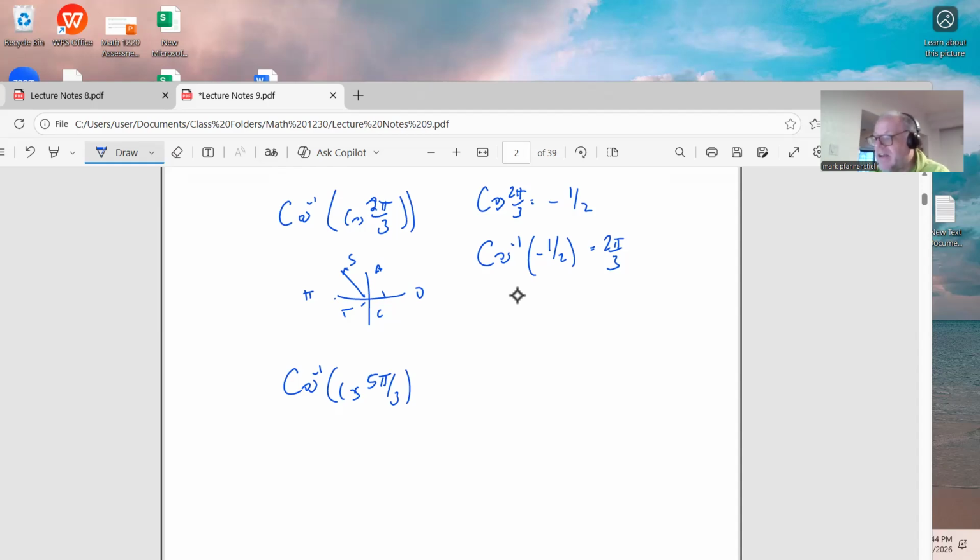I want the cosine of 5 pi over 3. It's in the fourth quadrant, so I'm going to end up with 1/2, and taking the inverse cosine of 1/2 is going to give you pi over 3. So these are different. They are not the same angle.